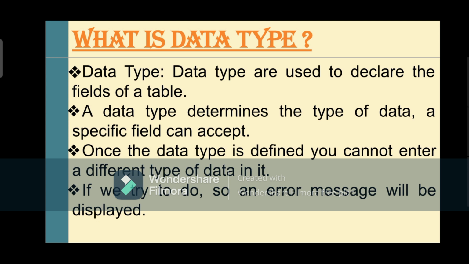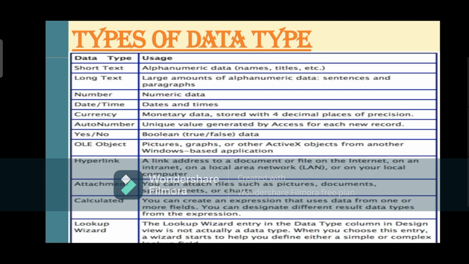So if we have already defined a data type, then we cannot enter different types of data in that particular field. If we try to do so, then an error message will be displayed.